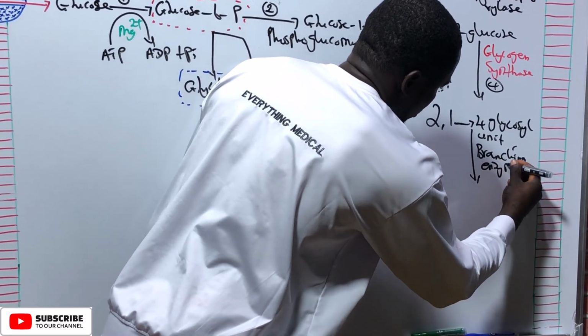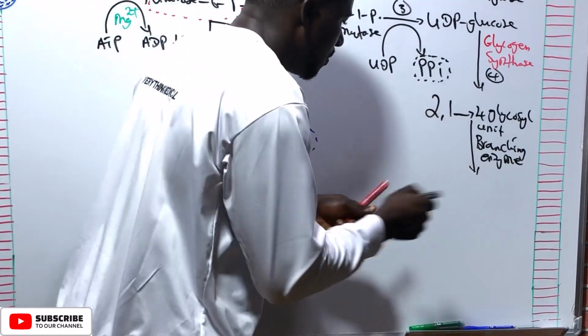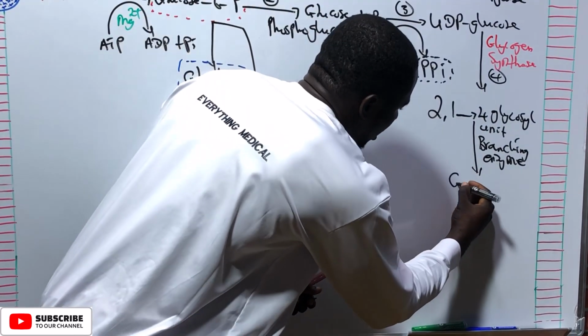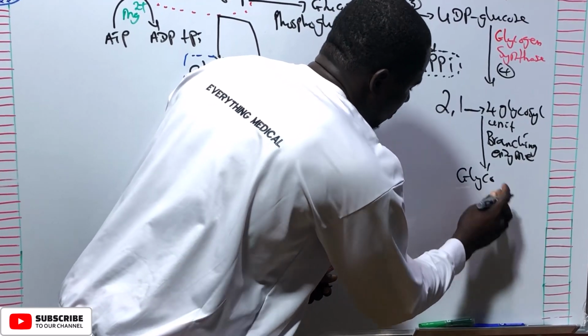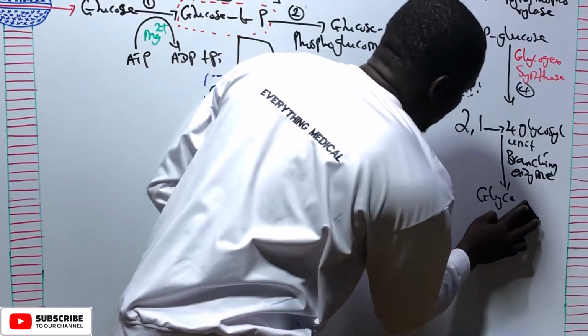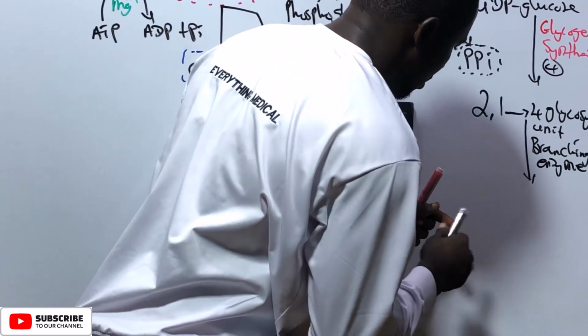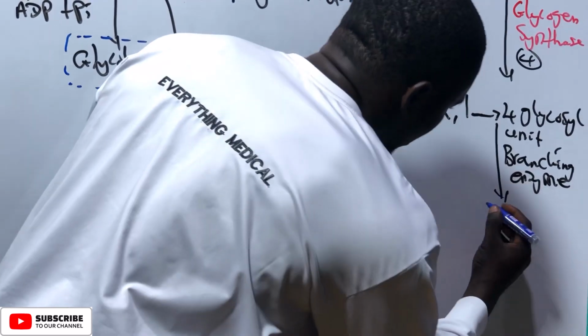That is the enzyme that does it, forming the branching chain of glycogen. It forms what we call glycogen.